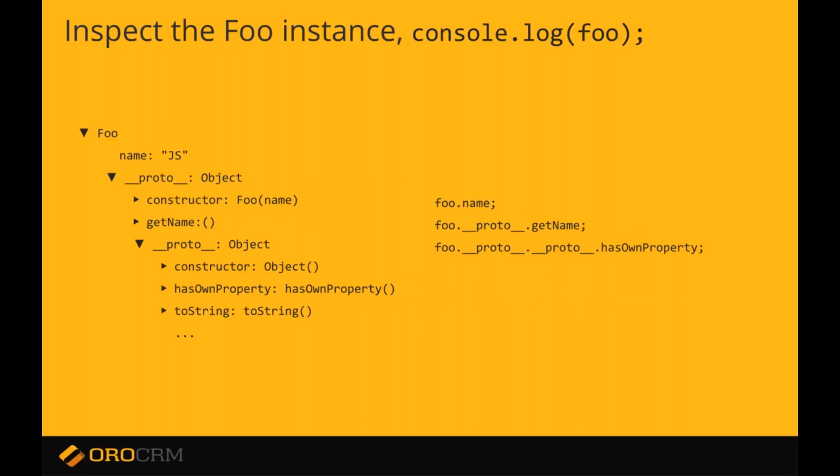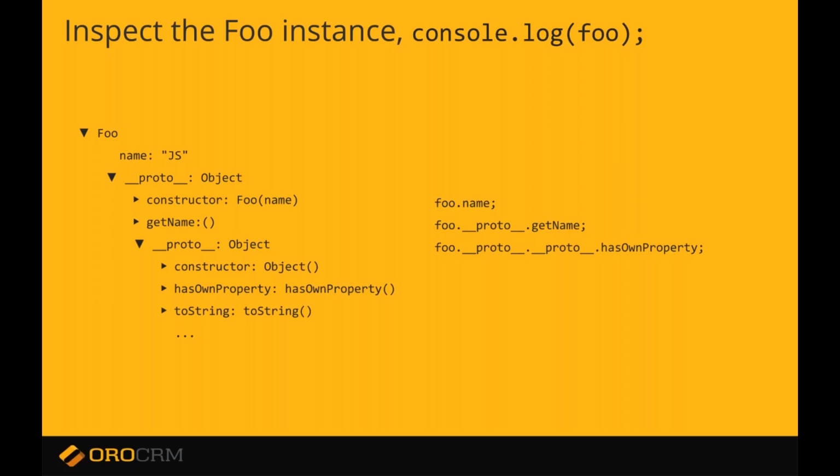To understand it, we can use the console.log function, very useful, to see how it is represented in the tree of objects. So once we call console.log for the foo instance, we see that the instance is created by constructor foo.